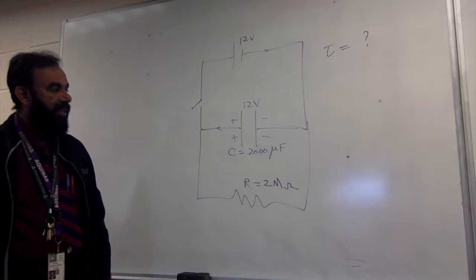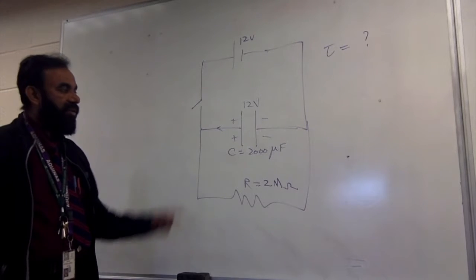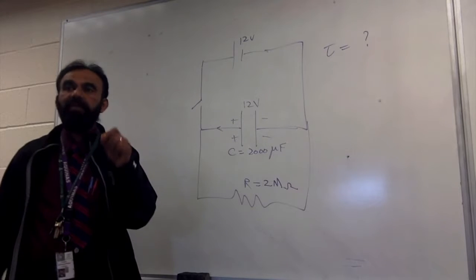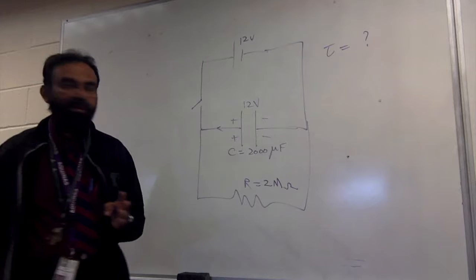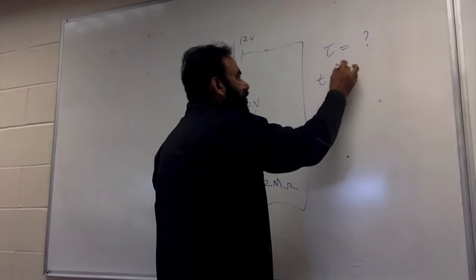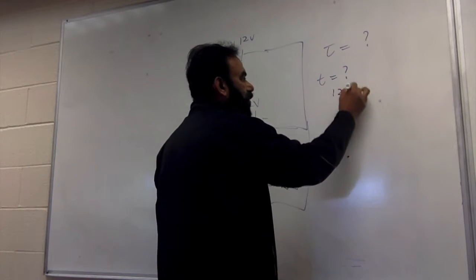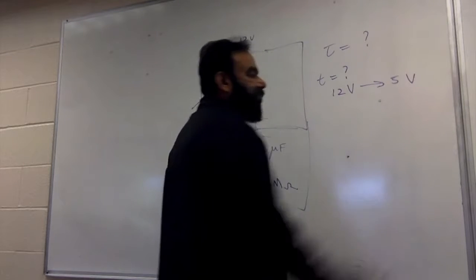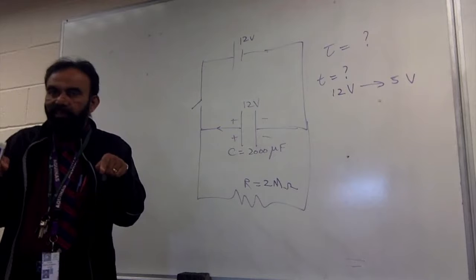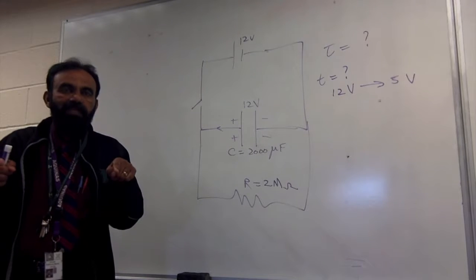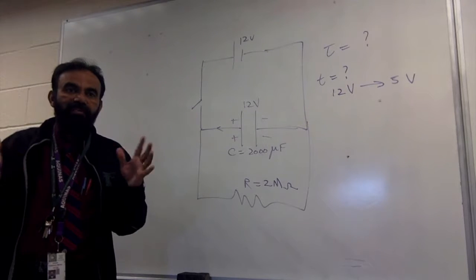Next, let's say a relay will be active till the voltage reaches 5. Below 5, it is not going to be active. So let's find out how much time it takes for the voltage to go from 12 to 5 volts. Because from 12 to 5 volts, the relay will be actively clicking, and once the voltage goes below 5, the relay will release.